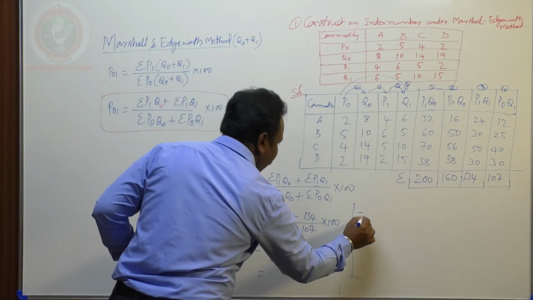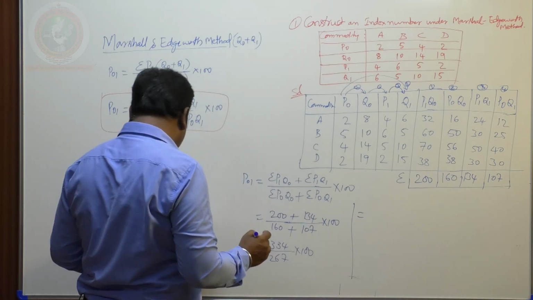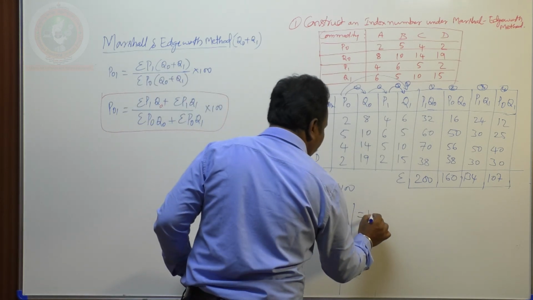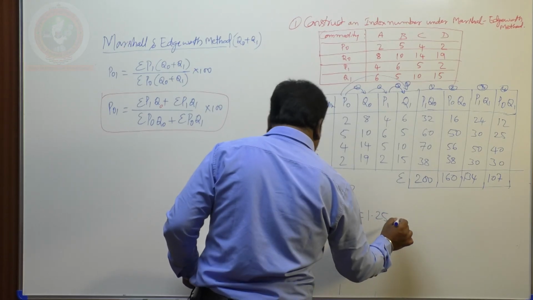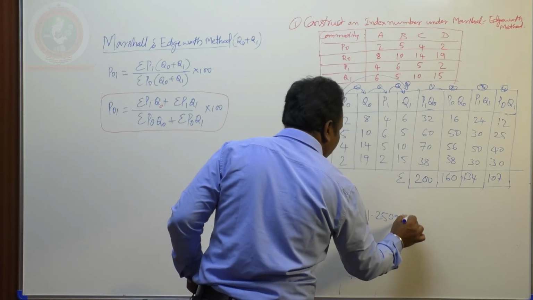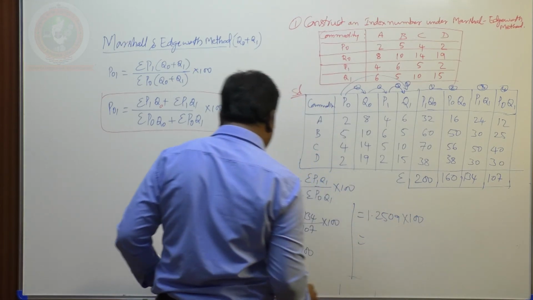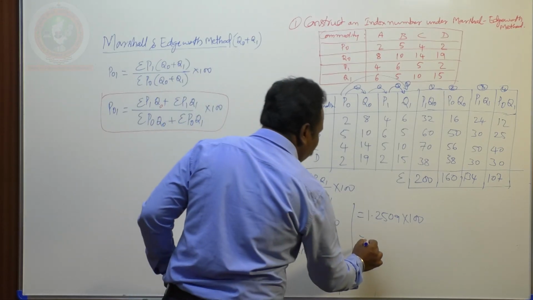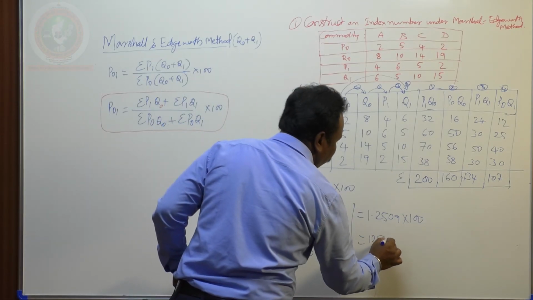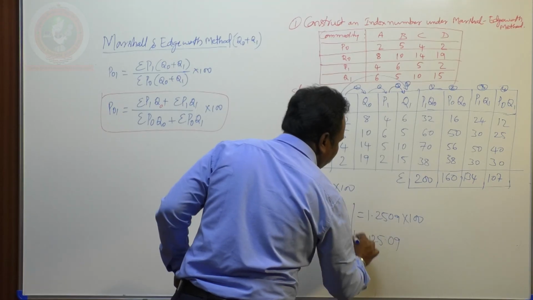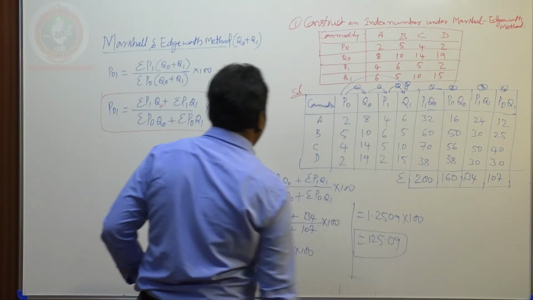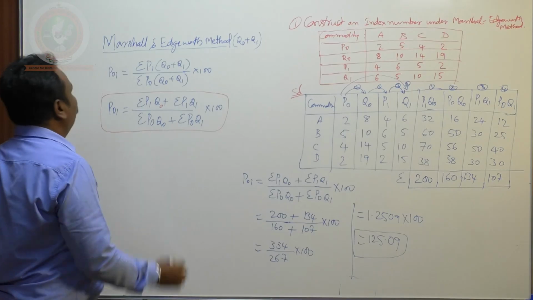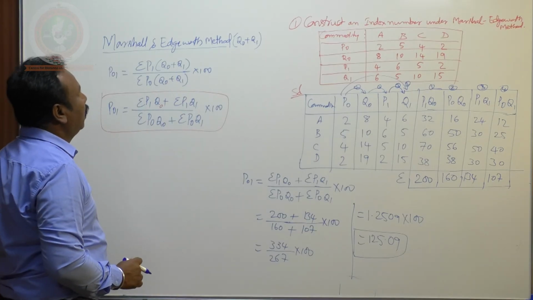So that is 1.2509 into 100. So that is 125.09. So, this is the index value under the Marshall and Edwards method.